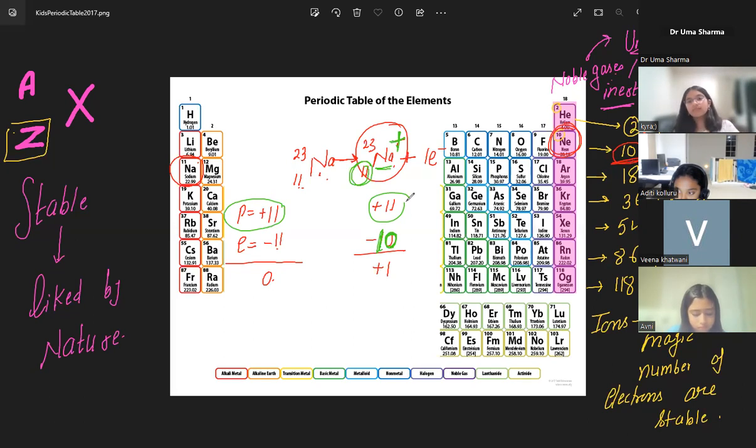But children, do you remember that I was talking about nuclear changes and chemical changes? If you are changing the protons, then it's a nuclear reaction, and nuclear reactions involve a large amount of energy, which generally we cannot give easily.